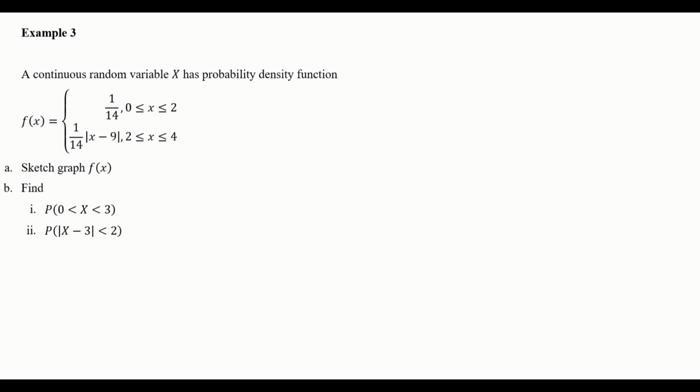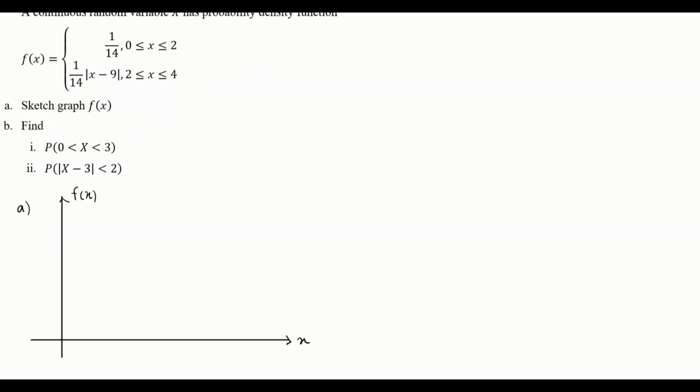Alright, so for the first part of the question, we need to sketch the graph for the function. The intervals involved are the first one between 0 and 2, so 0, 1, 2, and then between 2 and 4, so 3, 4. So we have two intervals here.